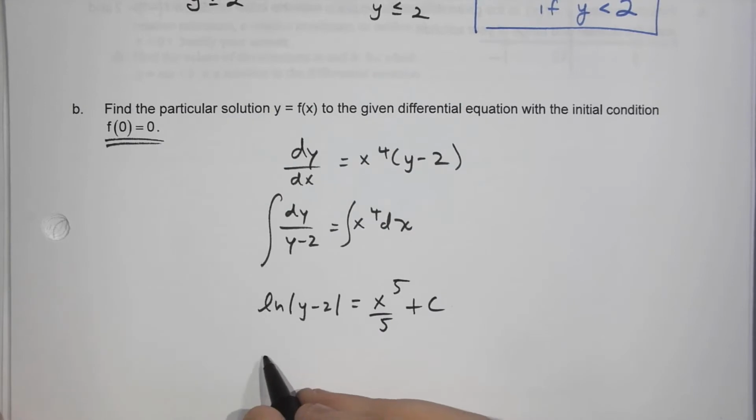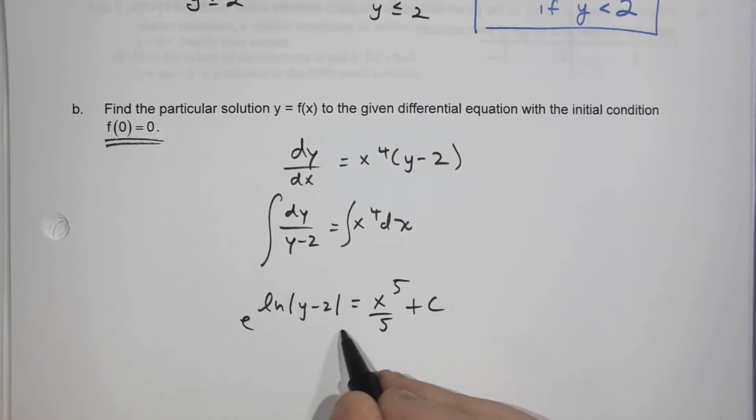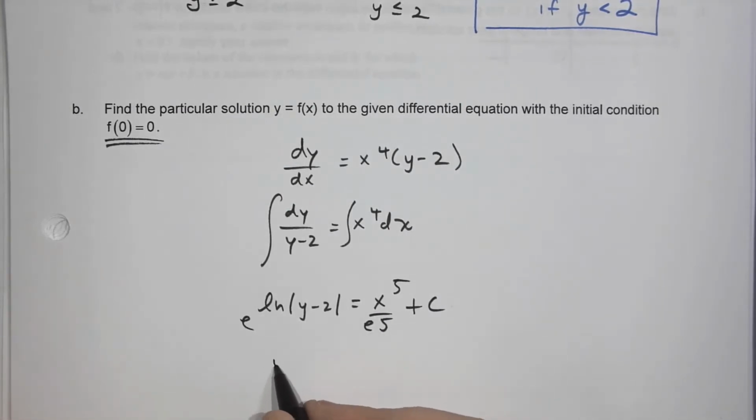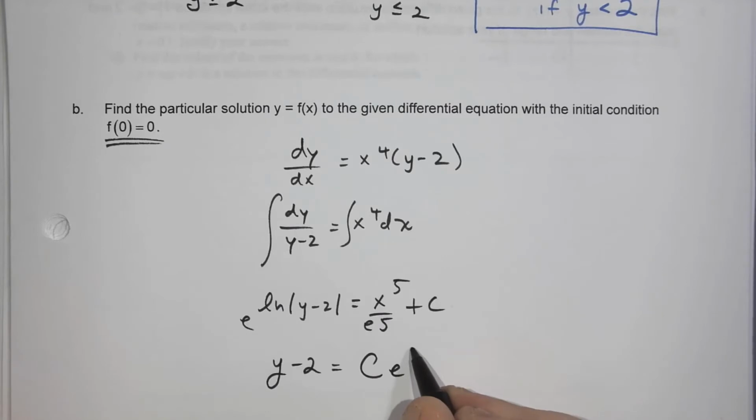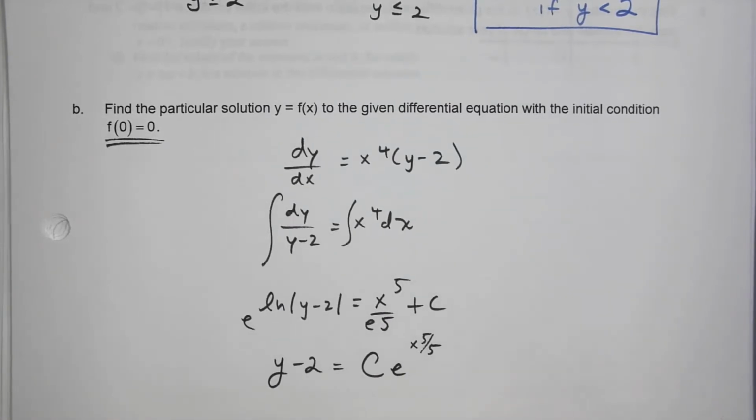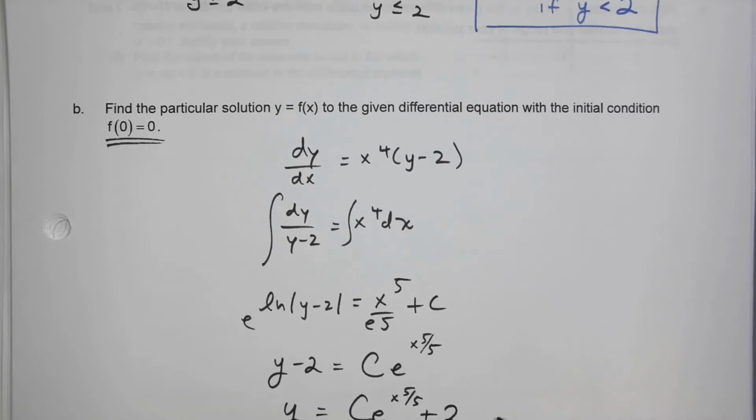And therefore, when we do e to the power on both sides, we would end up getting y minus 2 equals constant times e to the x to the 5 over 5. Okay, and therefore if we want to do the last little bit, y is equal to c e to the x to the 5 over 5 plus 2.